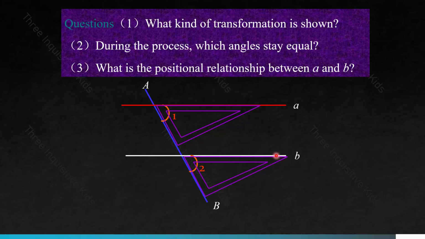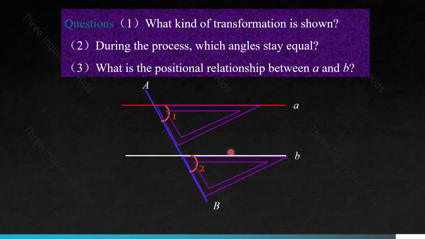The angles that stay the same were angles 1 and 2, because these were the same interior angles of the same triangular ruler. So angles 1 and 2 stayed the same. And because they are also corresponding angles and they are the same, we know the positional relationship between lines A and B is that they are parallel.